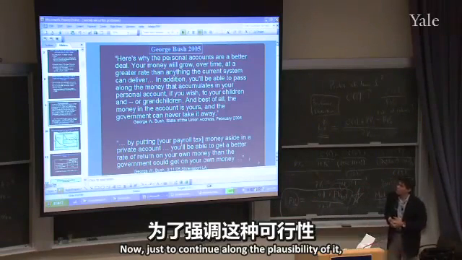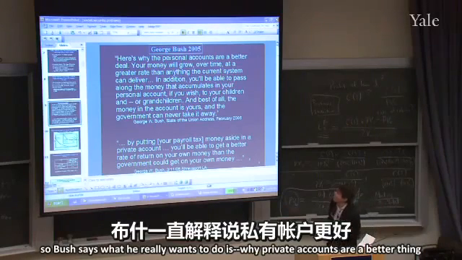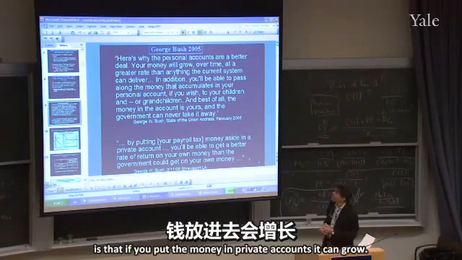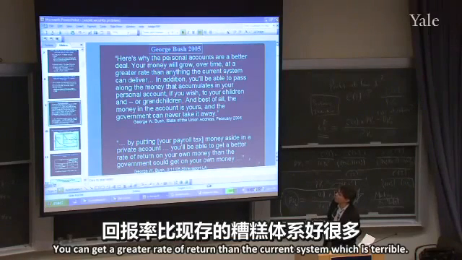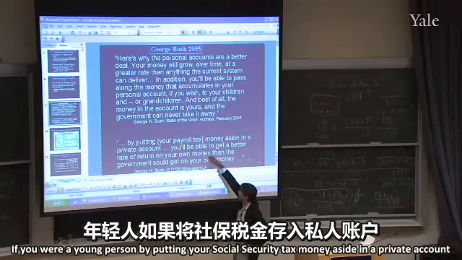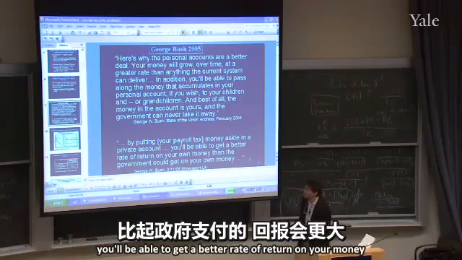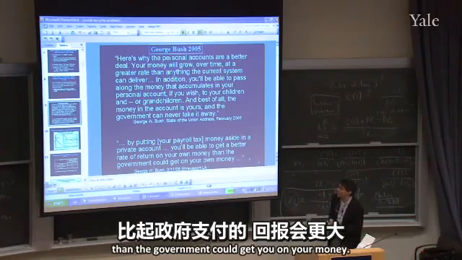Now, just to continue along the plausibility of it, Bush says why private accounts are a better thing is that if you put the money in private accounts, it can grow. You can get a greater rate of return than the current system, which is terrible. If you're a young person, by putting your Social Security tax money aside in a private account, you'll be able to get a better rate of return than the government could get you.